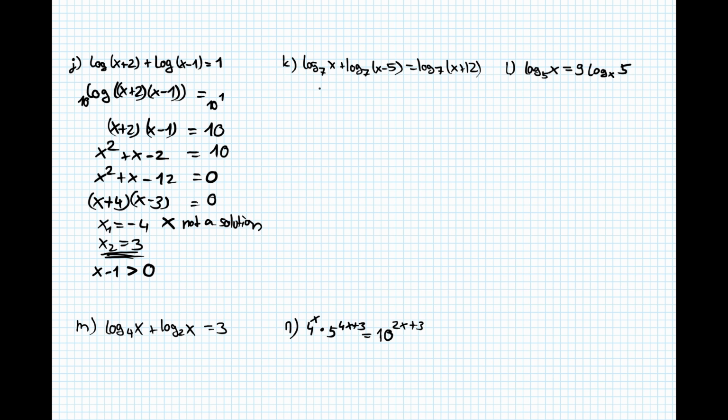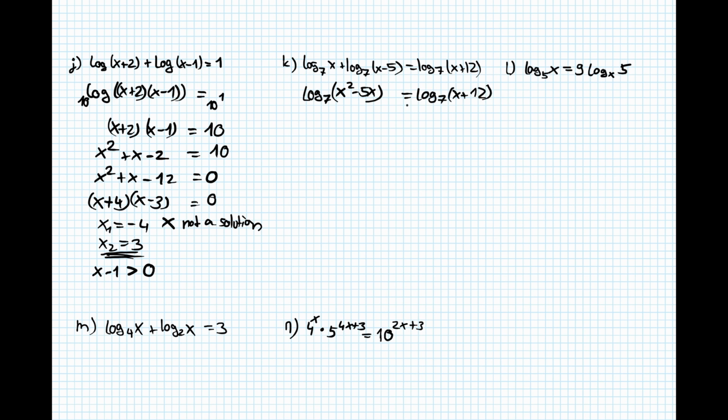Okay. Next example, we have everything to the base 7, so we can simplify this again. And that's x times x minus 5, so x squared minus 5x. And on the other side we have just the same expression, x plus 12.